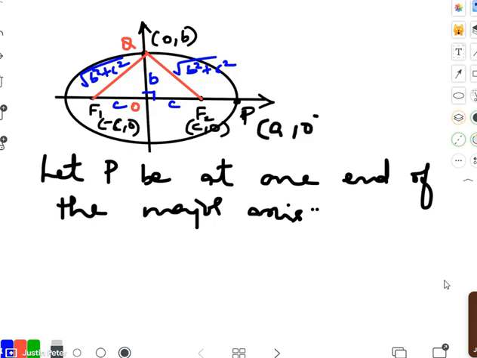So, what is the definition of the ellipse now? PF1 plus PF2 should be a constant, isn't it? Correct? Could you repeat that again? PF1 plus PF2. So, what is an ellipse?